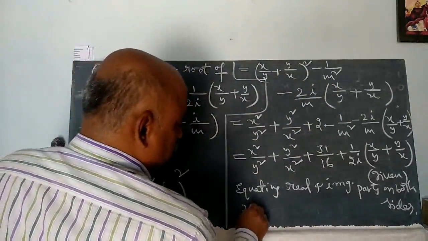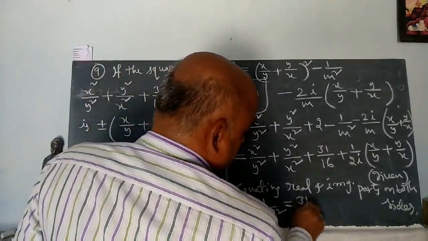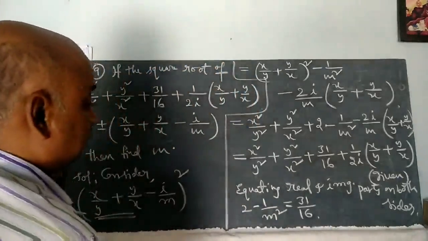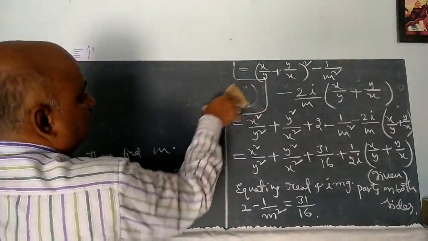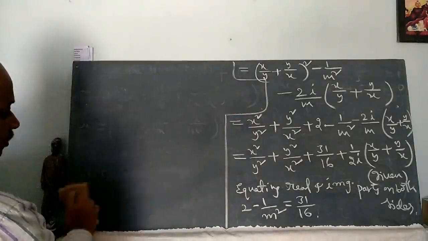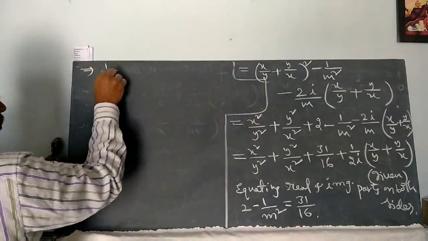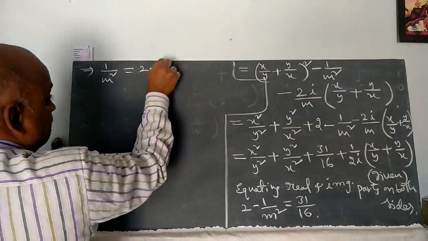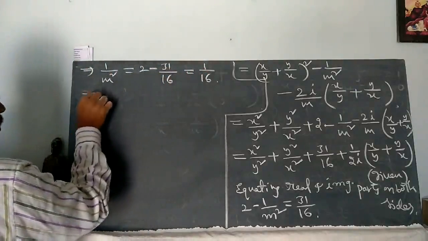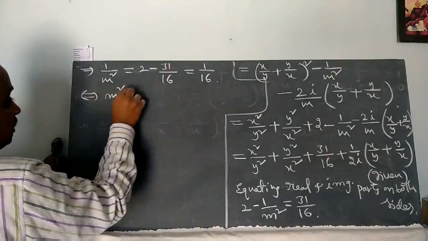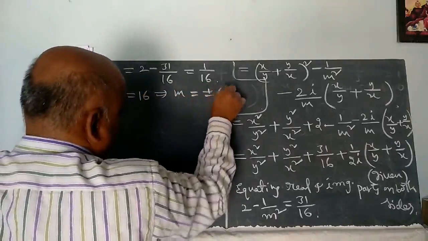So 2 − 1/m² is equal to 31/16. So this implies 1/m² is equal to 2 − 31/16, which is 1/16. This implies m² is equal to 16. This implies m is equal to plus or minus 4.